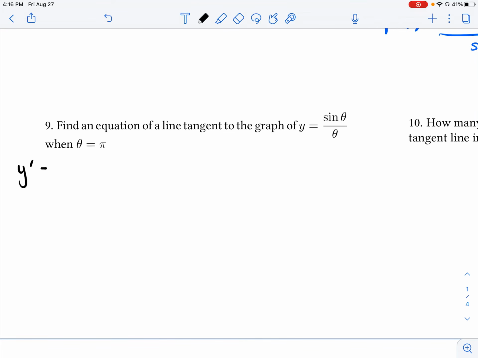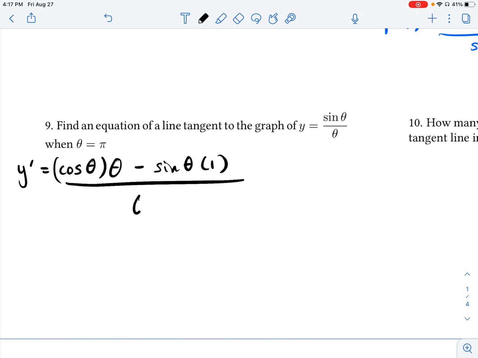So y prime here is going to be, using now our trigonometric rules and our quotient rules, the derivative of the numerator, cosine theta, times the denominator, so this times theta, minus the numerator as it is, so sine theta, times the derivative of the denominator, which is just 1.